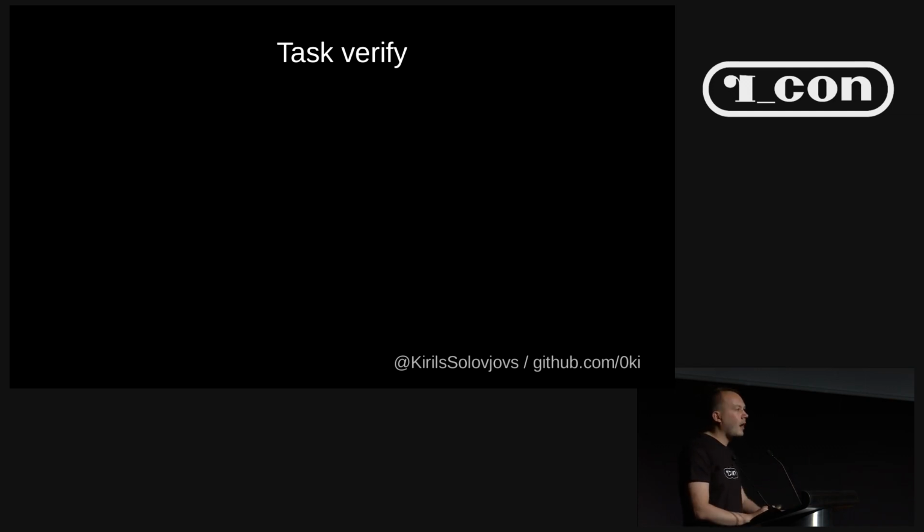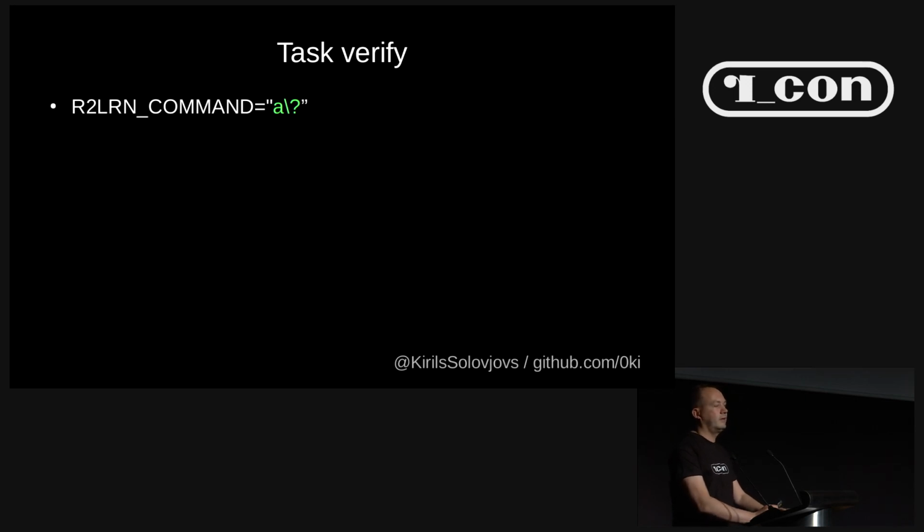But of course, it would only be interesting if we can actually verify whether the answer is correct or not. And there are multiple ways for r2learn to verify what you've been typing. One way to do that is using this r2learn command. It looks at the last command that you've run in the interactive radar interface.